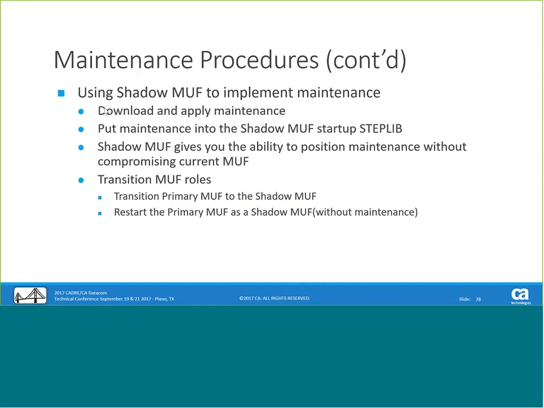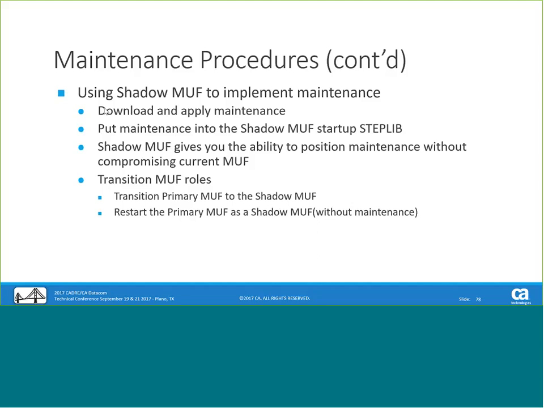The reason you do that is so that in case there is an issue for some period of time, you can run that way with the 15.1 MUF, and if it fails, then the Shadow will take over and you will be regressed back to your original code prior to your upgrade. Going forward, once you're happy with 15.1, you can run both the Shadow and 15.1 at the same level.